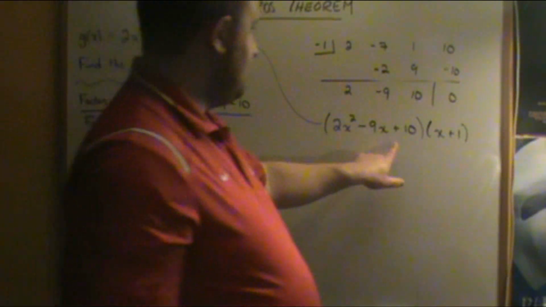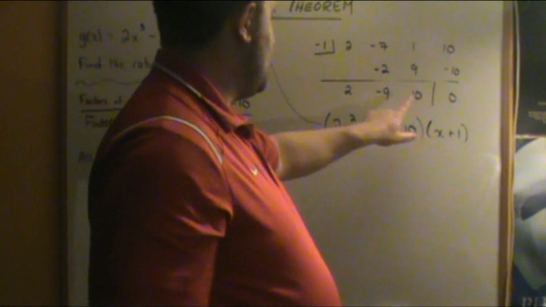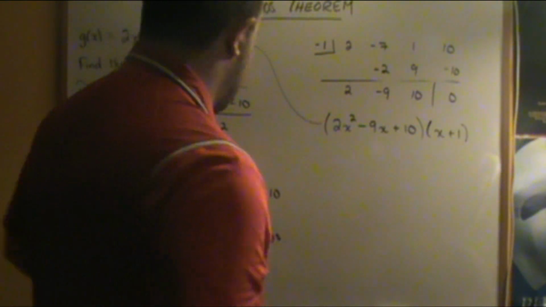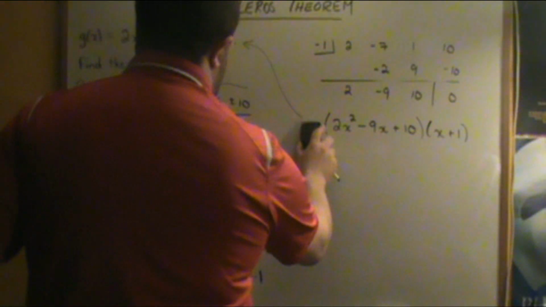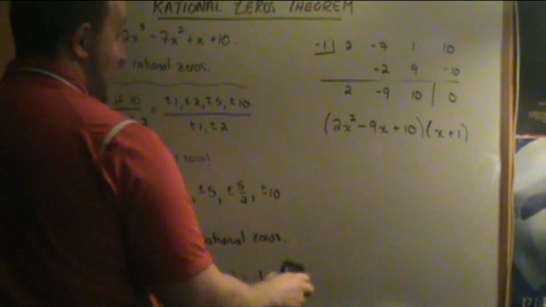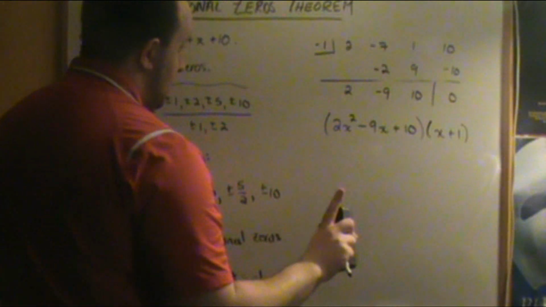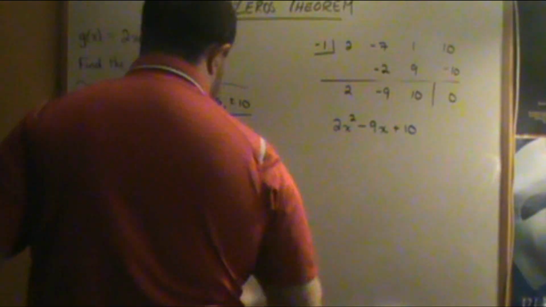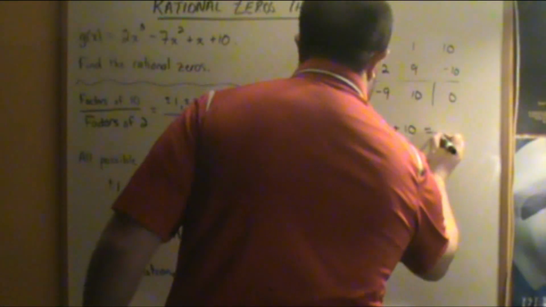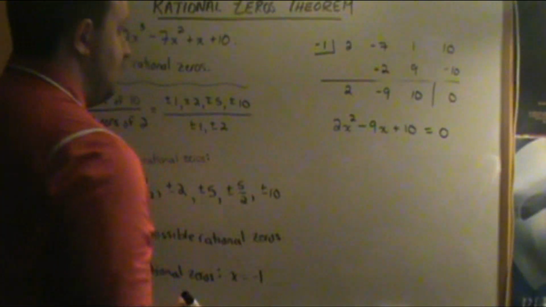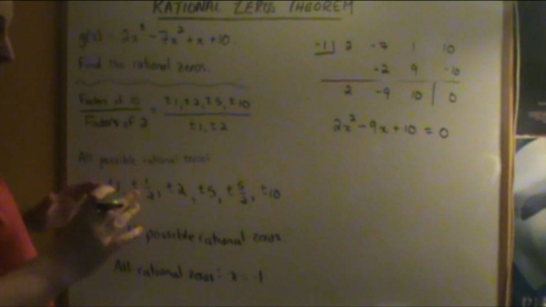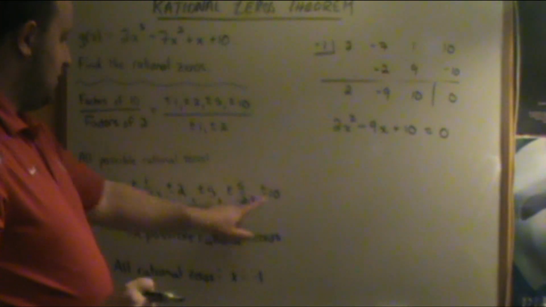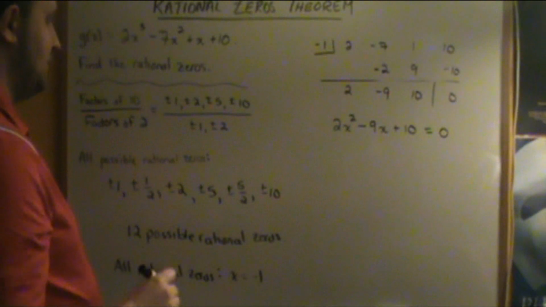And if we set x plus 1 equals 0, our one rational 0 is negative 1. So as a shortcut, not all the time, you can't always do this, but sometimes you can, set this equal to 0 and factor it. If you can, fantastic. If not, you're going to have to go through these again with this depressed polynomial.